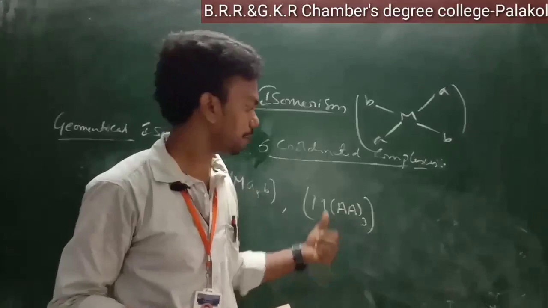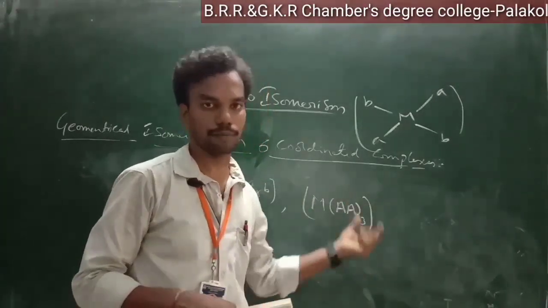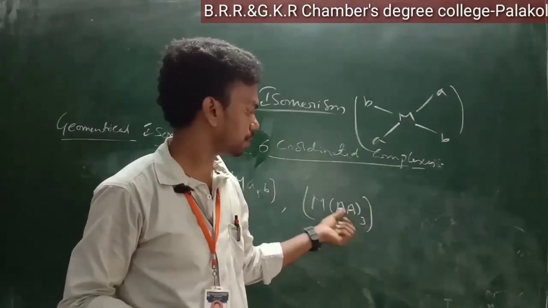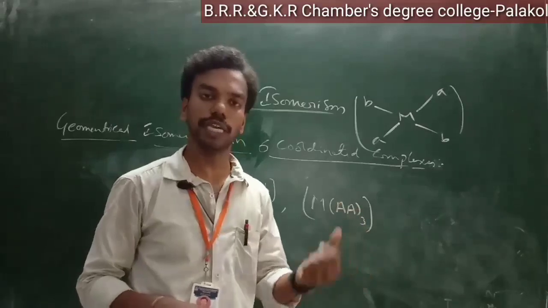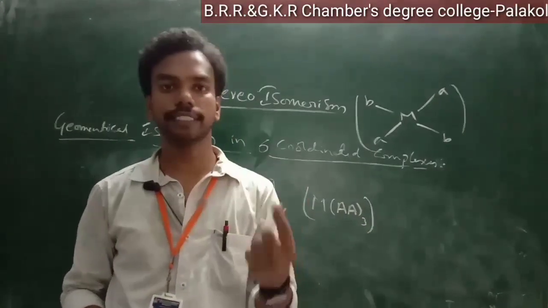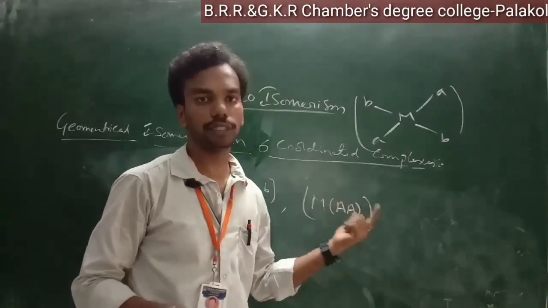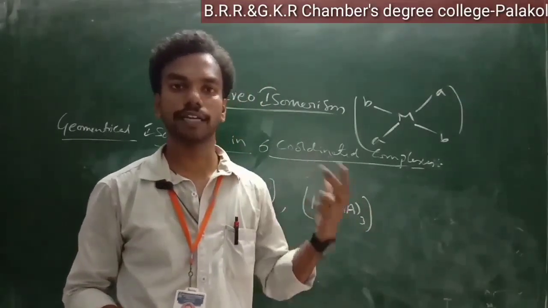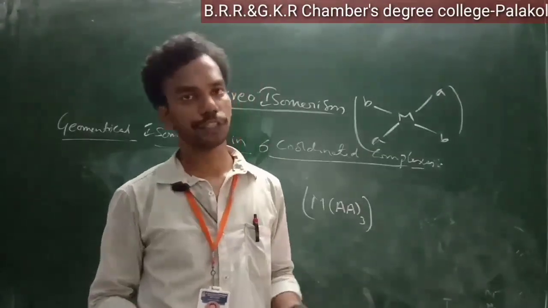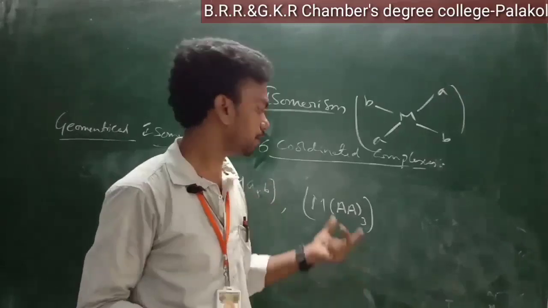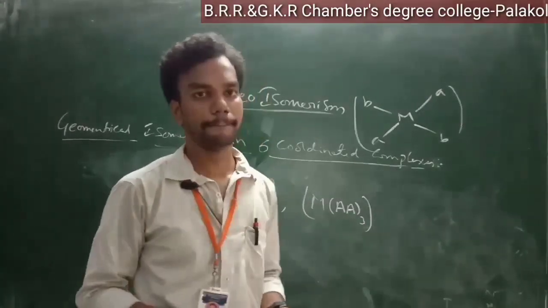For example, ethylene diamine, NH2CH2CH2NH2, has two donor sites, one at either end, which is nitrogen. You have three, that means 3 into 2, six nitrogens. These six nitrogens are the same. If you change any two nitrogens, you get the same structure. There is no spatial arrangement in the complex, so you don't get any geometrical isomers.